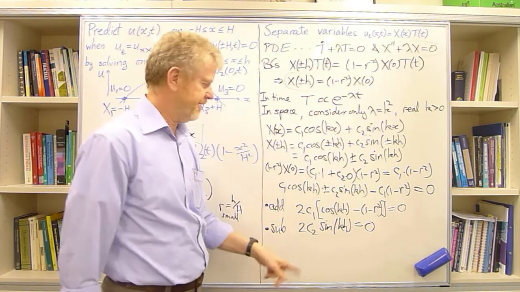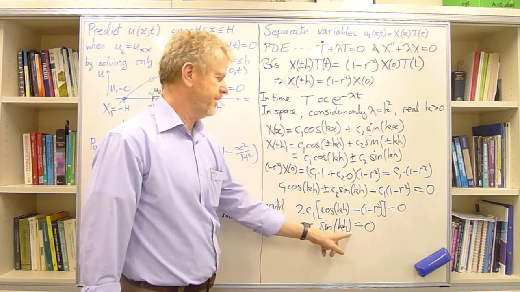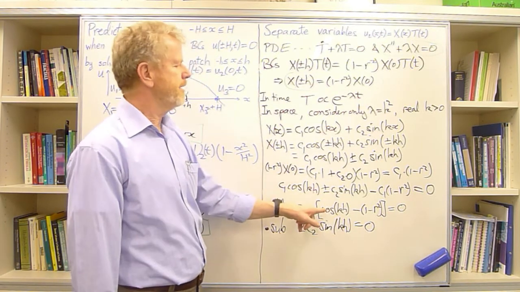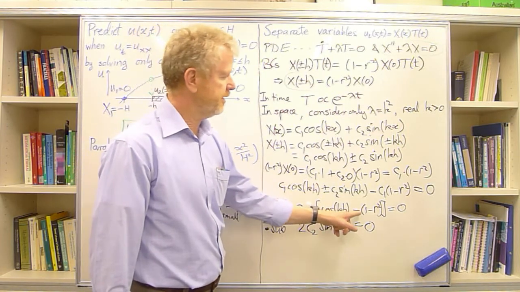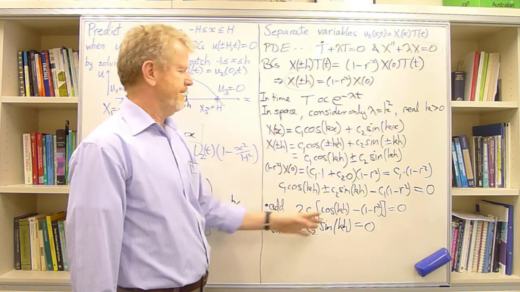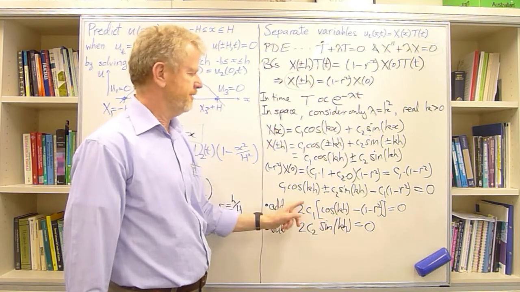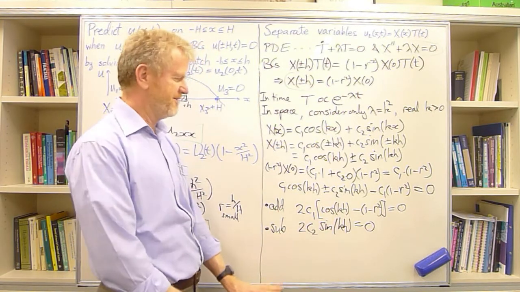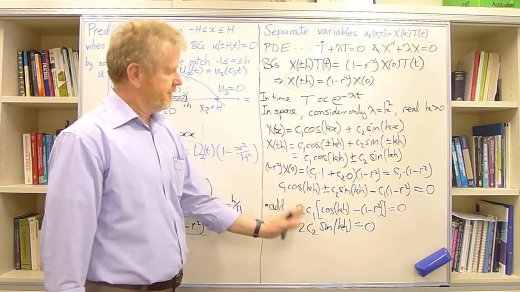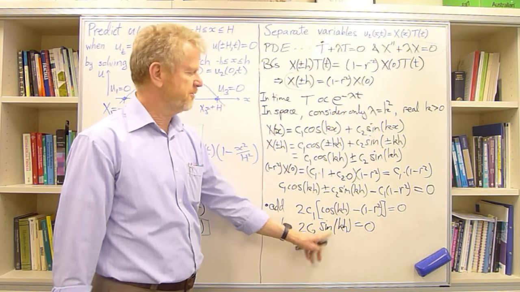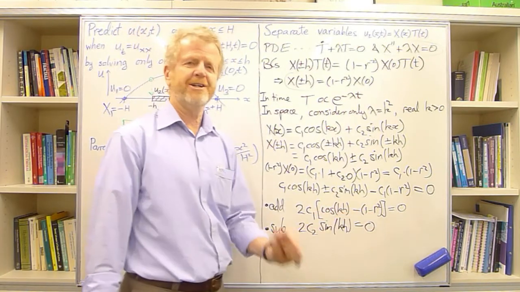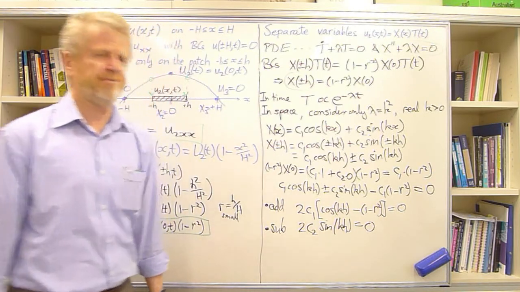So there's two ways that can happen. When sine kh is 0, c2 can be arbitrary, or when cos kh minus 1 minus r squared is 0, c1 can be arbitrary. And if neither of those two are 0, then c1 and c2 have to both be 0, which is not interesting. So our next challenge is to see what the consequences of having sine kh and cos kh minus 1 minus r squared being 0 are.